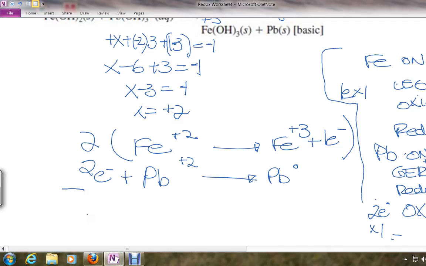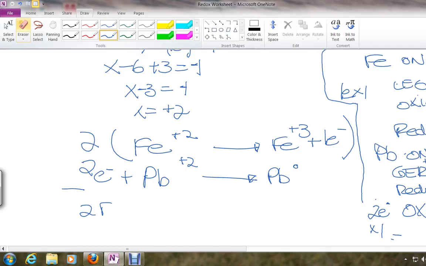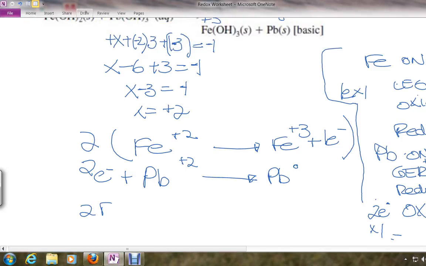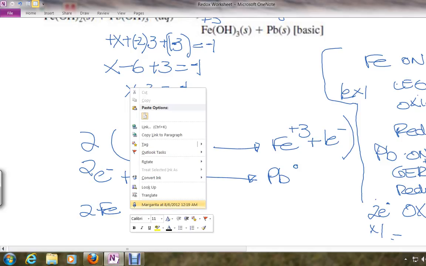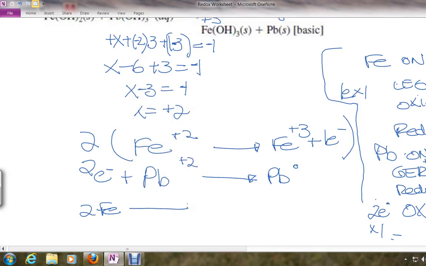And then let's copy it again. 2Fe plus 2Fe gives me 2Fe plus 2 electrons.